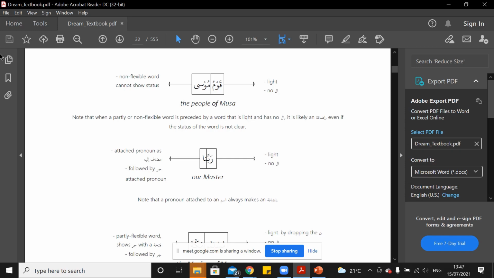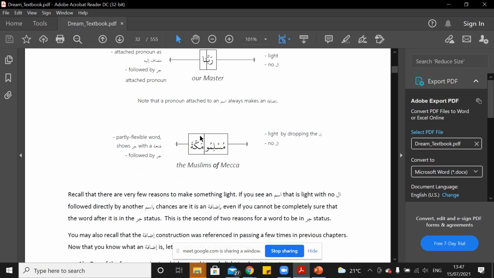So, Sister Parveen Maroof, Muslimu Makkata. Please try to explain it. Muslimu can be mudaf because it doesn't have al on it, and I can't see noon as well. And Makkata is the name of a place, so it's not fully flexible.